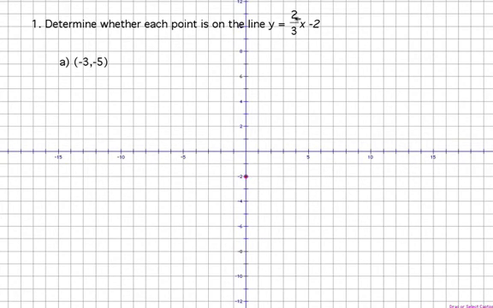Now the m here is 2/3, so remember y equals mx plus b, the m is 2/3. So that means that the slope of our line is 2/3, which is a rise of 2 and a run of 3.